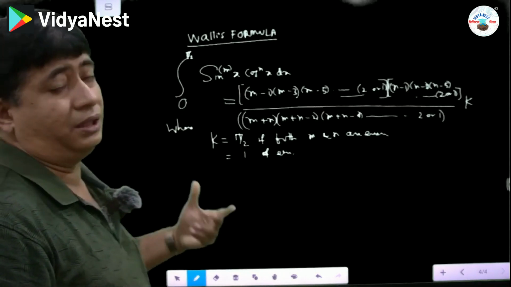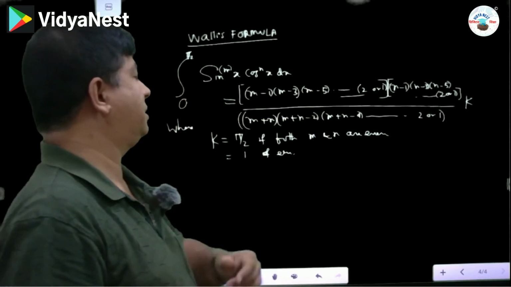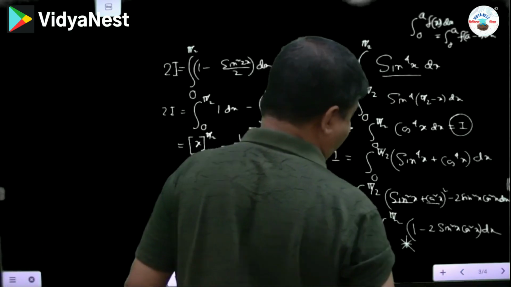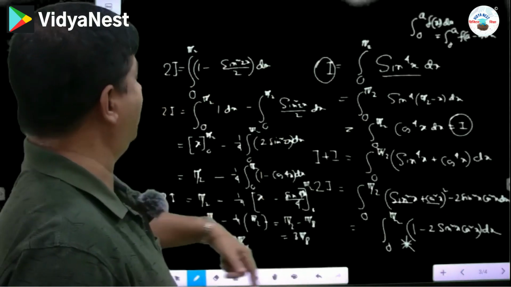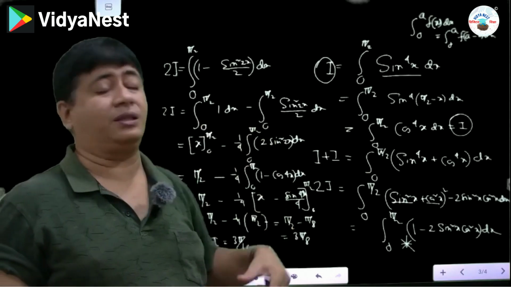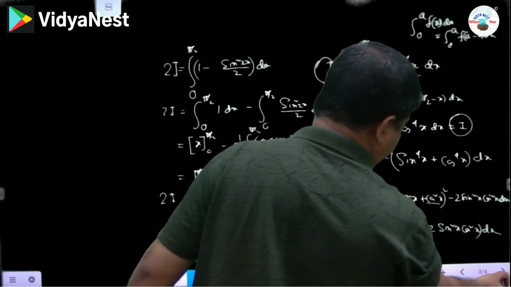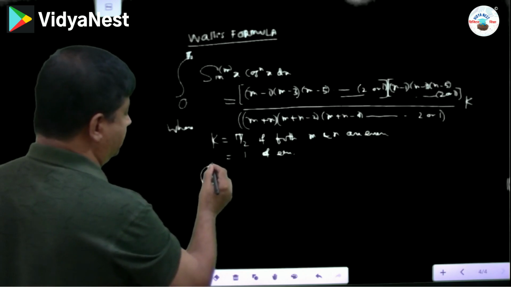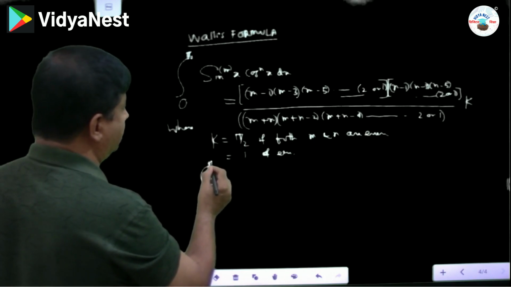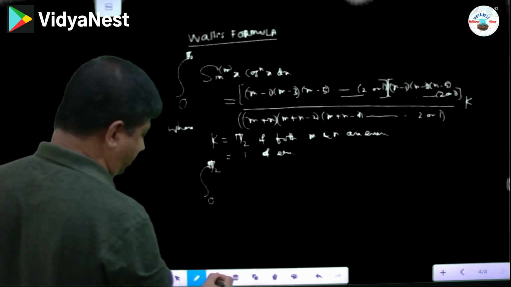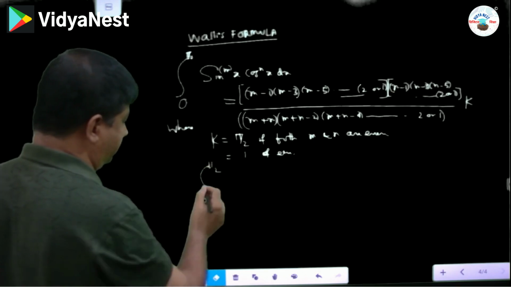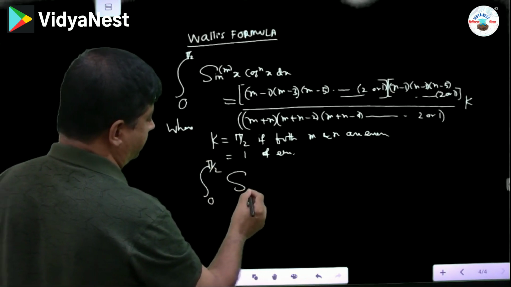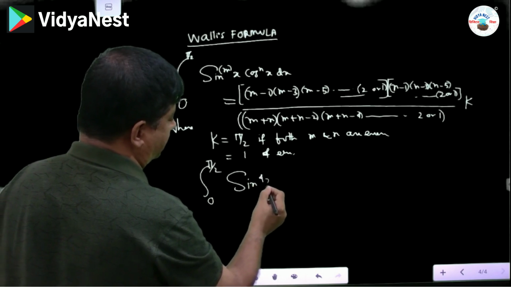Now the question is, how we can apply this in the previous sum. You see the previous sum, it encroaches this area and your valuable time. So, 0 to pi by 2, sin to the power 4x.